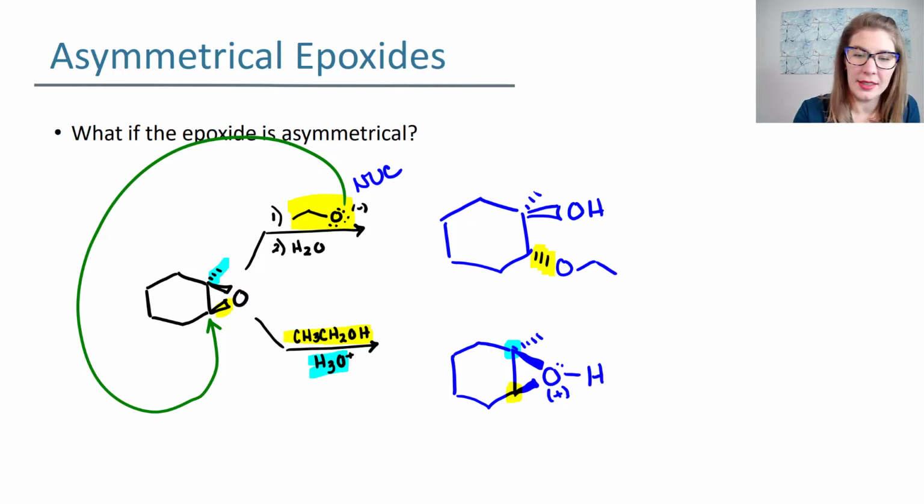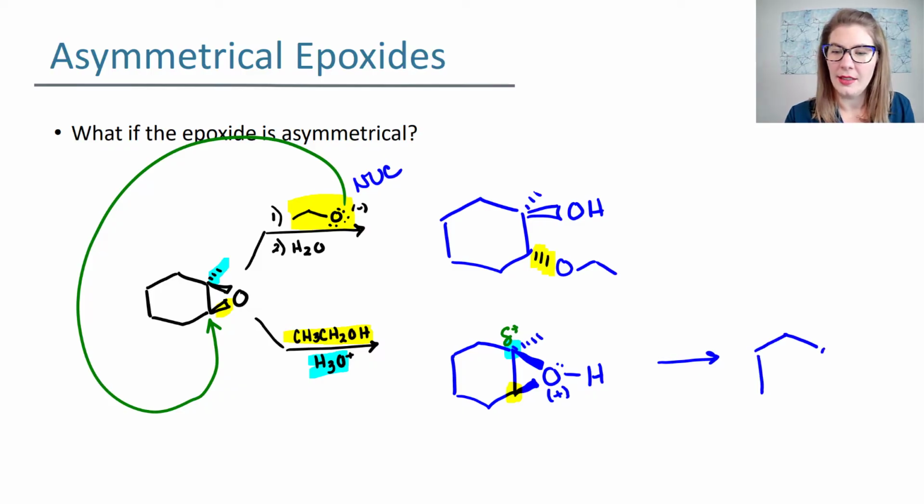So this side ends up developing a greater partial positive charge, which in the grand scheme of the overall reaction means your OR group adds to the more substituted side.